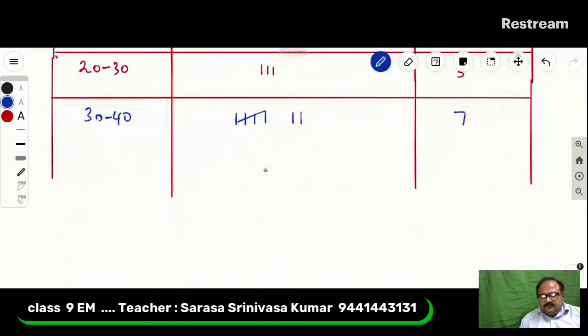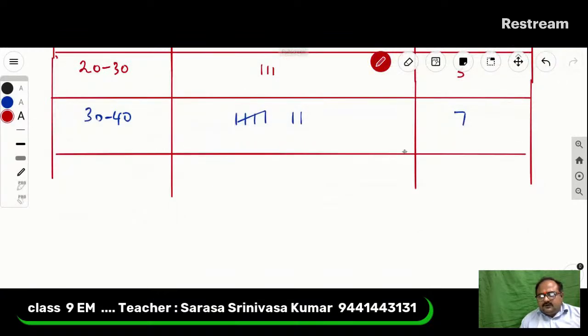Now 40 to 50. We observed the frequency of the 40 to 50 class interval is 7. So we write 7 here: 1, 2, 3, 4, 5, 1, 2.